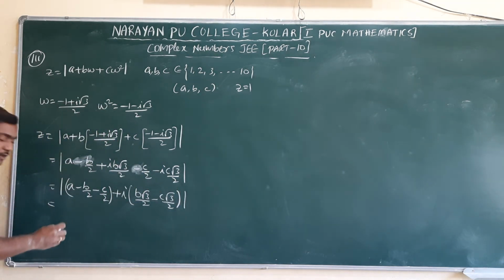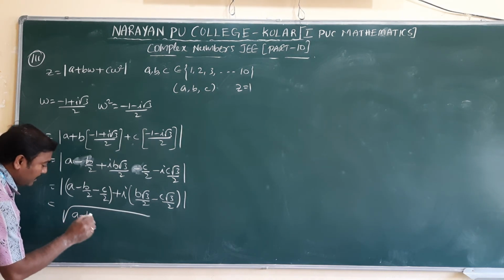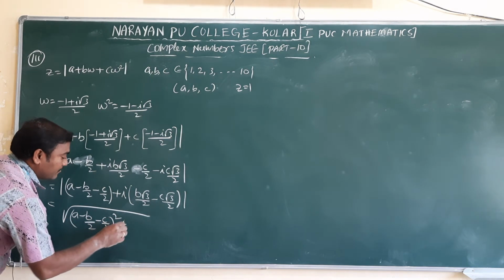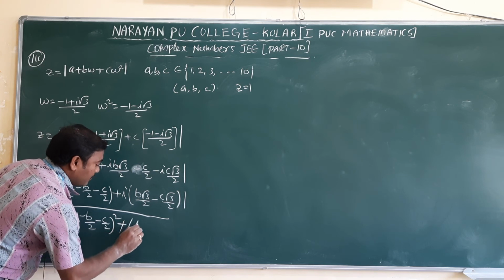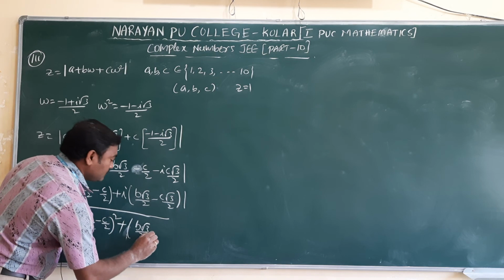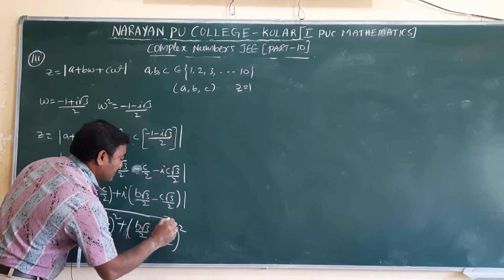Now the square root of (A minus B by 2 minus C by 2) whole square, applying modulus, plus (B root 3 by 2 minus C root 3 by 2) whole square.